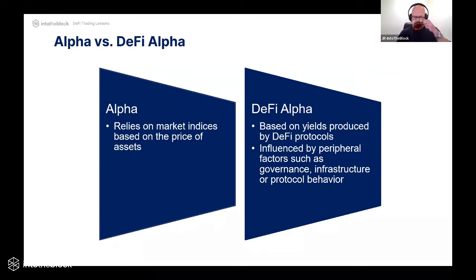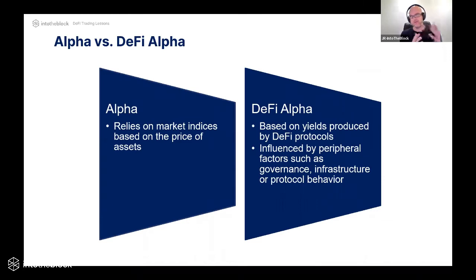Now, the thing about indices in capital markets is they're based on price, because the thing that you trade is a price. So if you have an index that has the FAANG stocks, it's based on a representation of price and market capitalization. Relatively easy to do. Now, when you look at DeFi, the indices that exist today are based on prices of tokens, but that's not a representation of alpha, because where the alpha is in DeFi is the yields.